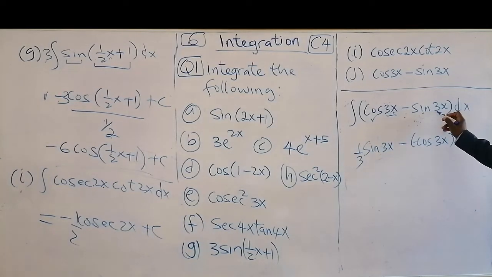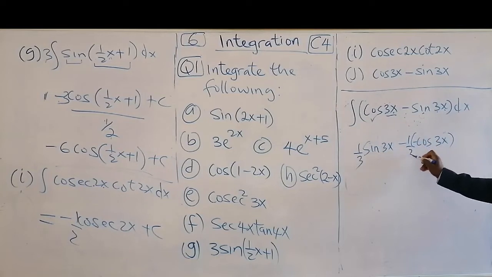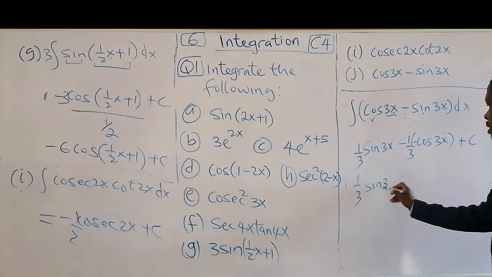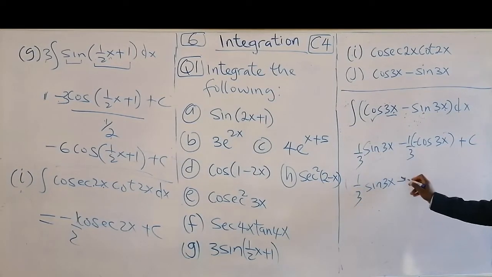Then you divide also by the attachment to the function, that's 1 over 3. Then plus c. So the final answer will be 1 over 3 sine 3x plus 1 over 3 cos 3x plus c. So that's that on this aspect.